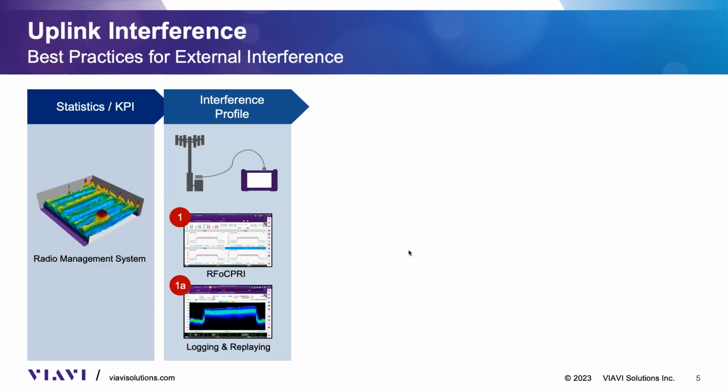What's the power level of the interference? Is it intermittent or constant? And what type of interference is it: narrow band, wide band, or frequency hopping? That's the first step we typically do, to assess the interference profile.